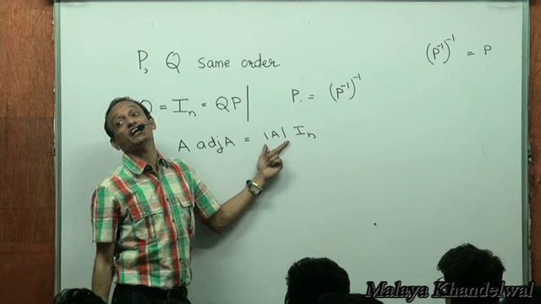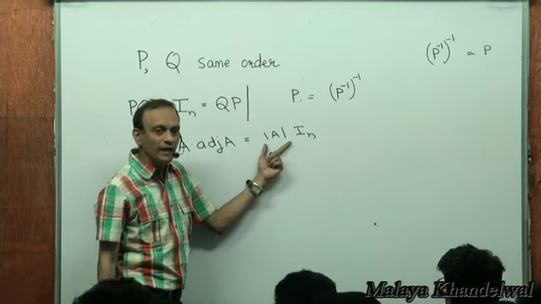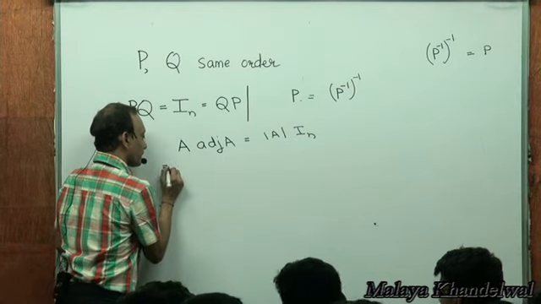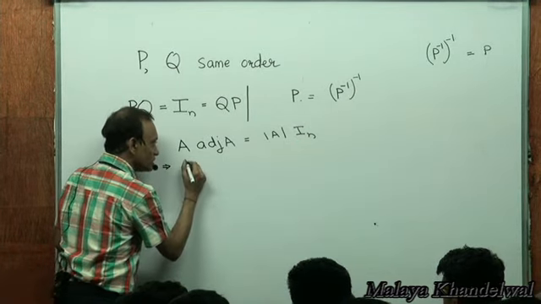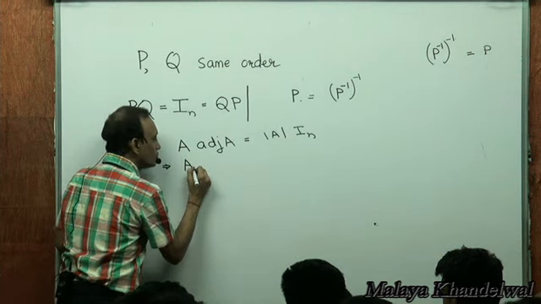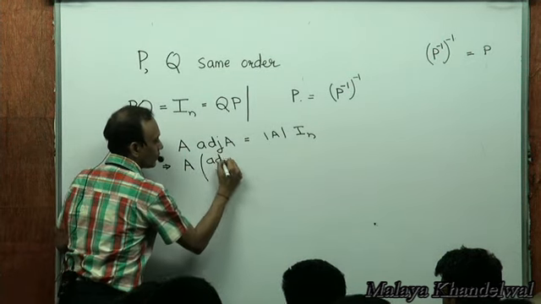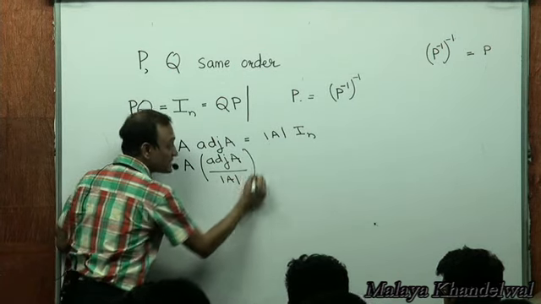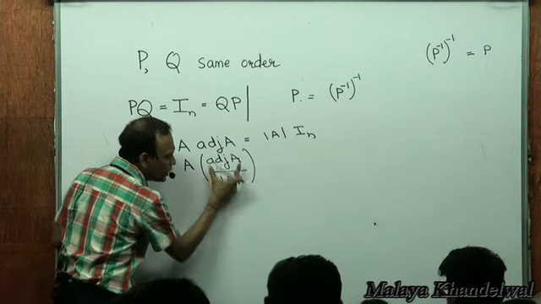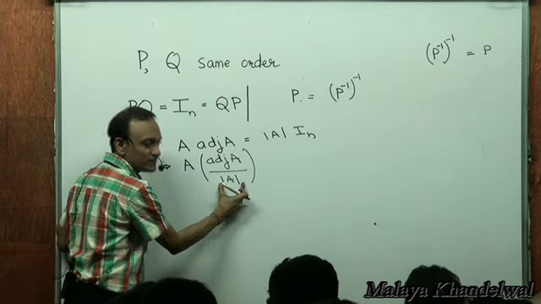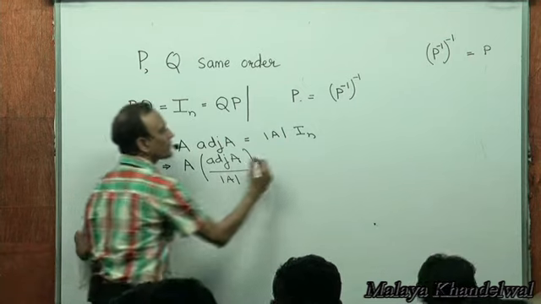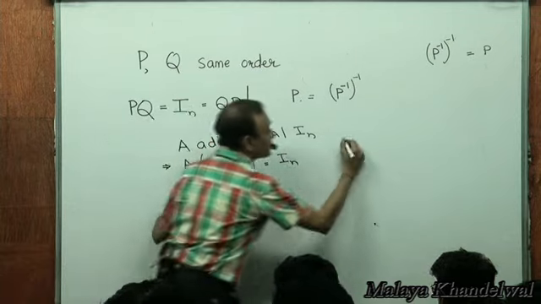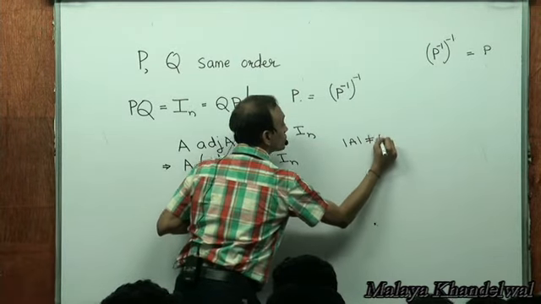That means if determinant A is not 0, then I can divide by determinant A, not by A. If A is non-singular, then A into adjoint A by determinant A, where determinant A is a scalar and every entry of adjoint A gets divided by it, is equal to I_N, provided determinant A is not 0.